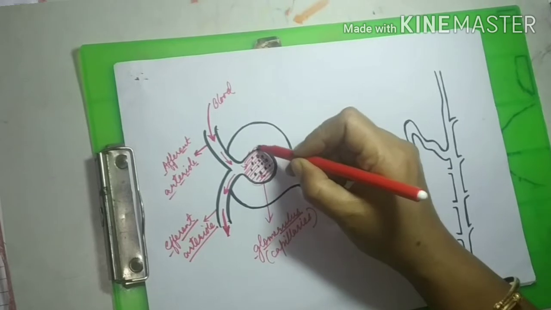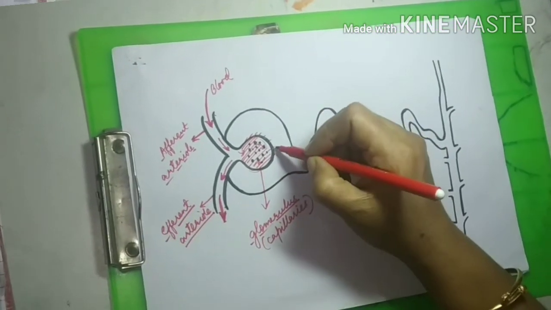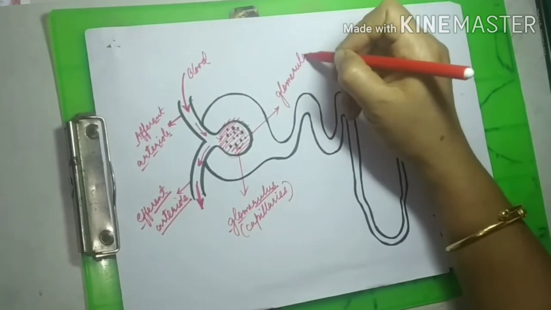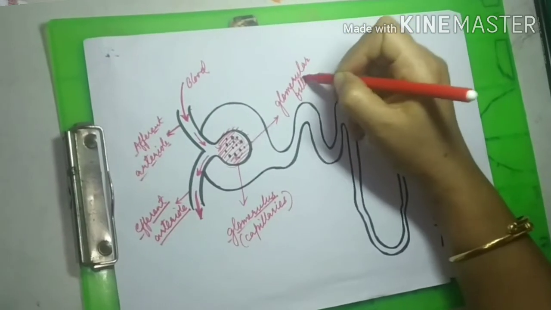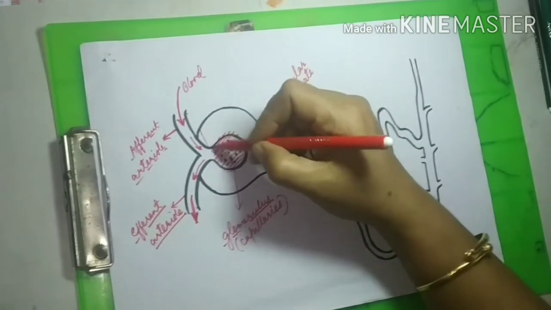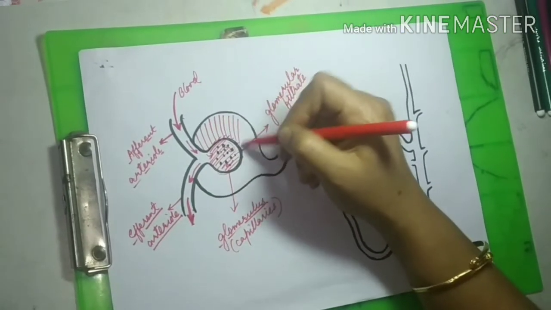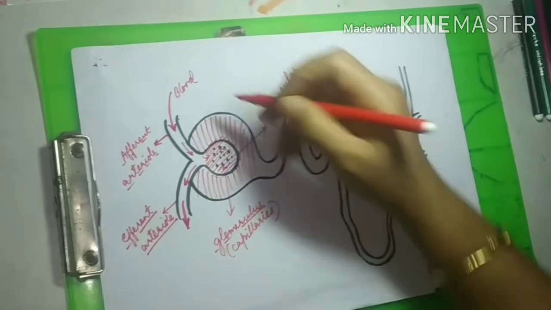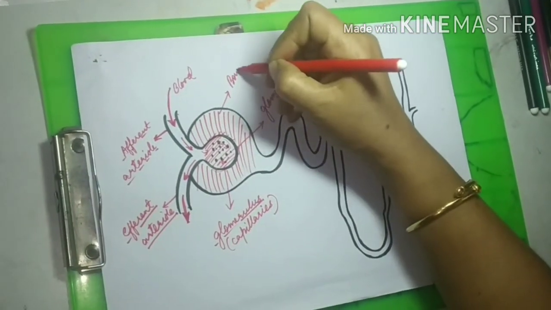When it gets filtered, this filtrate is called glomerular filtrate, and this filtrate enters a cup-like structure. This cup-like structure is called the Bowman's capsule.